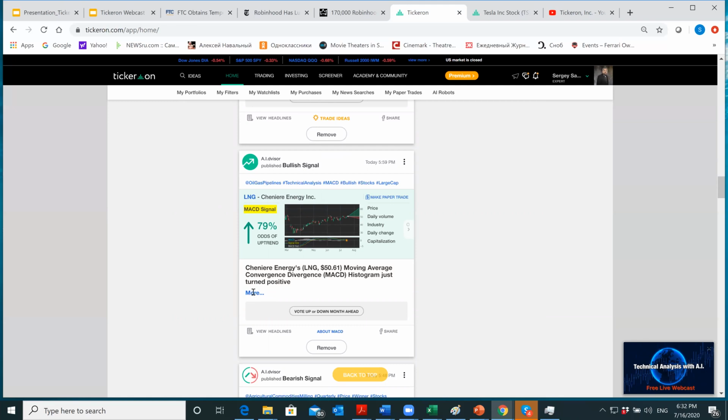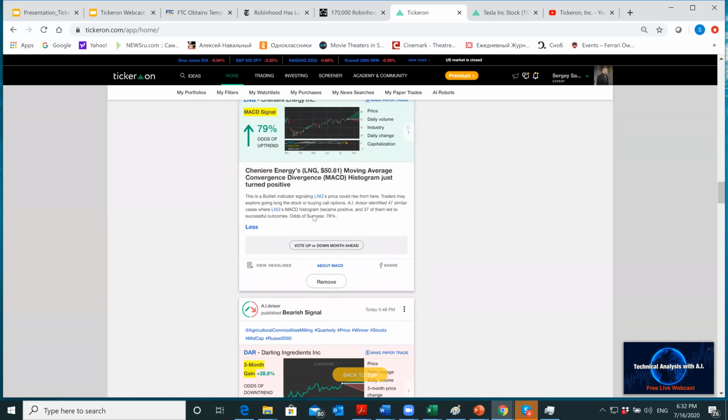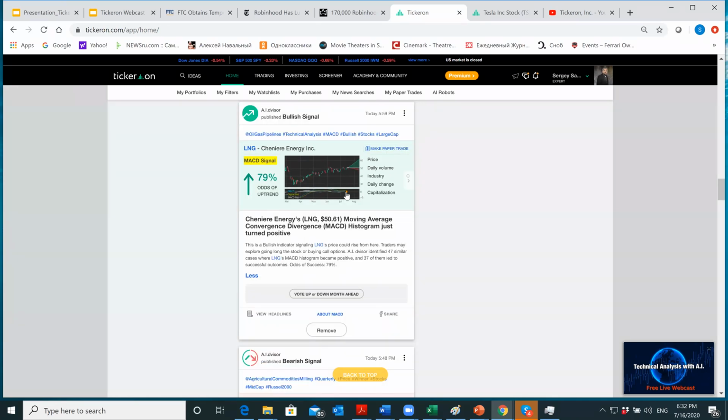Based on the technical analysis, hashtag, and MACD, okay? Let's read the news itself. What it says is that there are 47 similar cases. What are the similar cases? MACD gave us a signal, which is here, which shows that it's going to go up, okay? And then 37 out of 47 cases, pre-calculated backtest, give us 79% odds of success, okay?